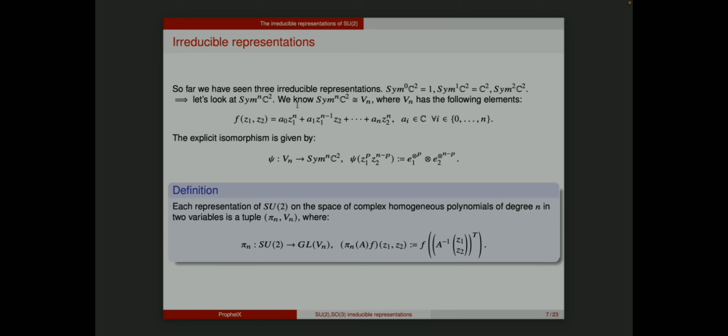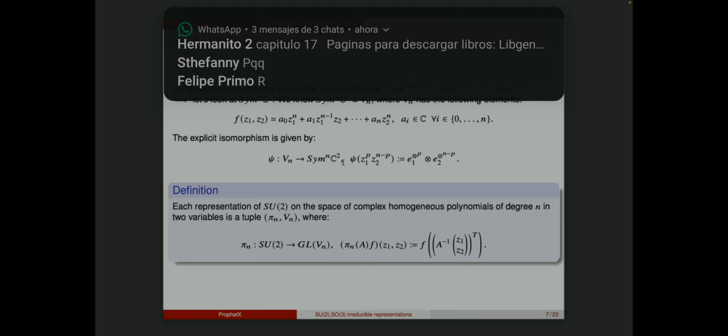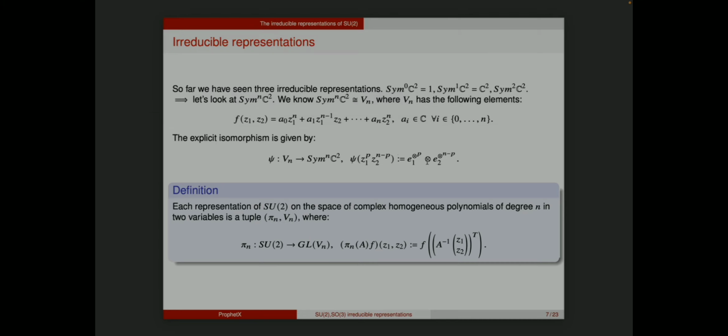And moreover, to show that they are isomorphic, we will give an isomorphism, which is not canonical as it depends on the basis, but we map basis to basis, and the isomorphism is basically this. So indeed, the space of complex homogeneous polynomials of degree n in 2 variables is isomorphic to the n-th symmetric power of C squared.